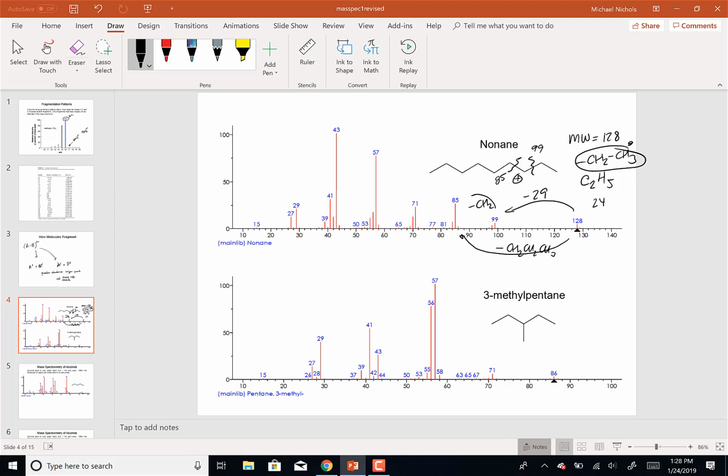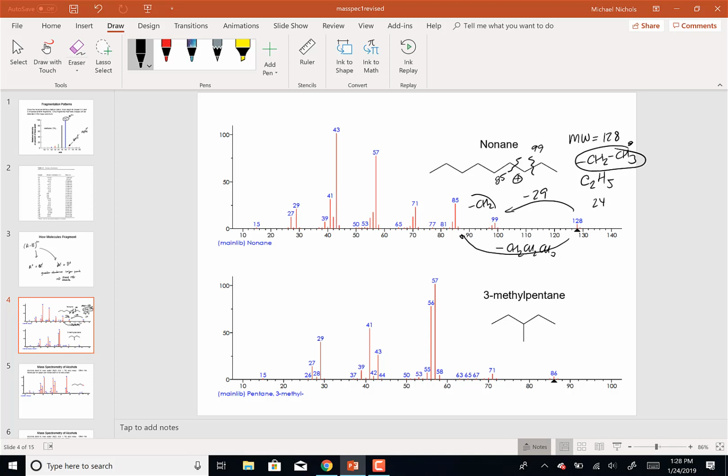And then what you can see here is that 85 to 71, I just lost another carbon. 71 to 57, I just lost another CH2. Then 57 to 43, I lost another CH2.